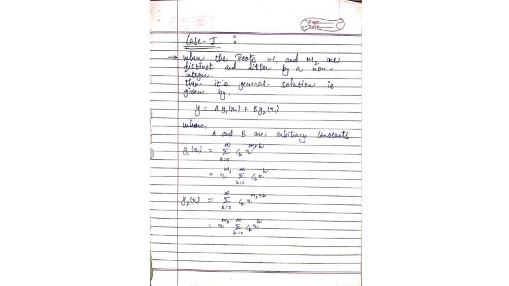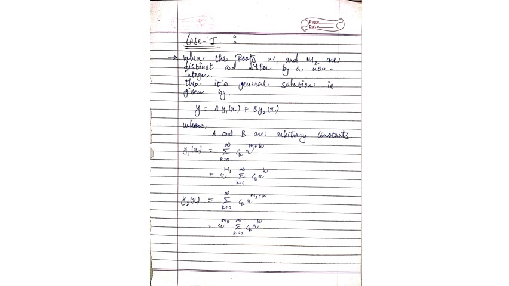If both roots are distinct and differ by a non-integer, then the general solution is given by y equals a into y1 of x plus b into y2 of x, where a and b are arbitrary constants, and y1 and y2 we are going to find.